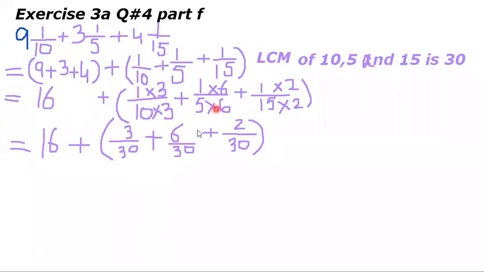Actually, what we have done in this step: look, this is 1 upon 10 and 3 upon 30. We have changed 1 upon 10 into its equivalent fraction, 3 upon 30. Similarly, the equivalent fraction of 1 upon 5 is 6 upon 30. The equivalent fraction of 1 upon 15 is 2 upon 30.